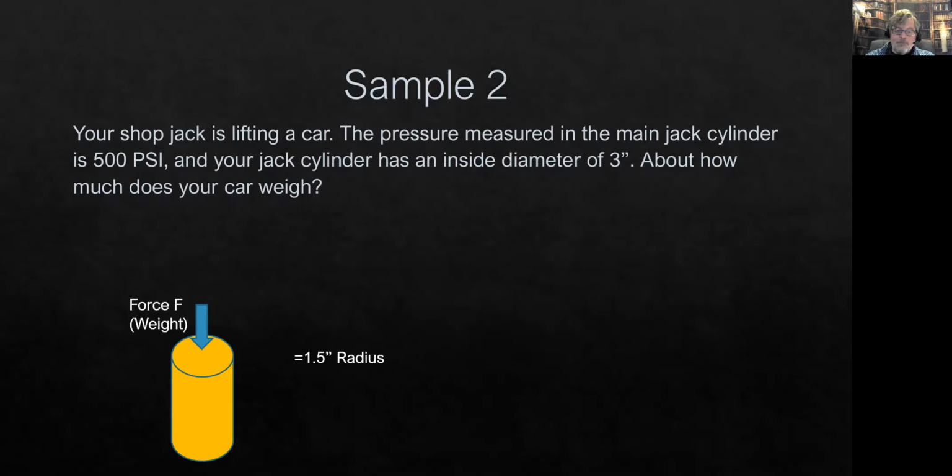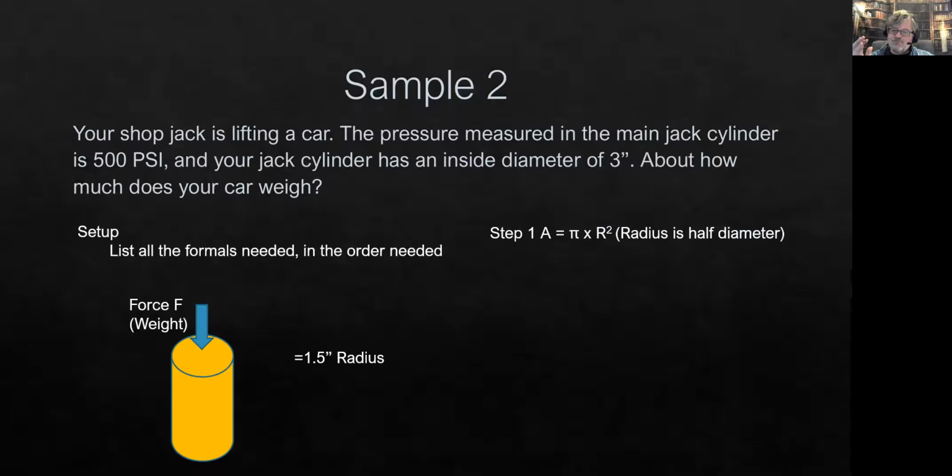I know that diameter is 2 times the radius. So I have to divide the diameter by 2 to get the radius. So my radius is 1.5 inches. Let's go through this again and set this up. Step 1, A is equal to pi r squared. Step 2, force is equal to pressure times the area. And now I've got everything set up.